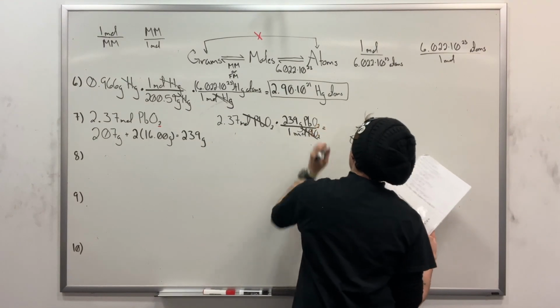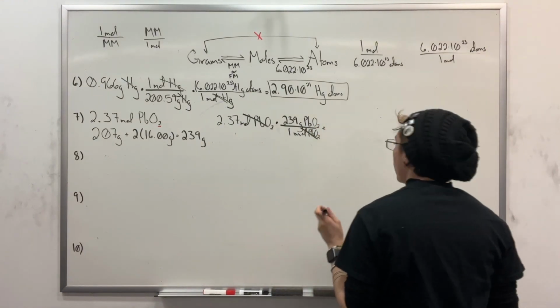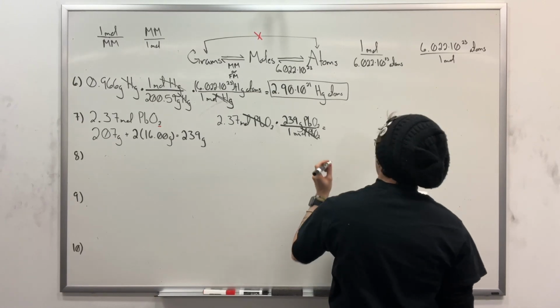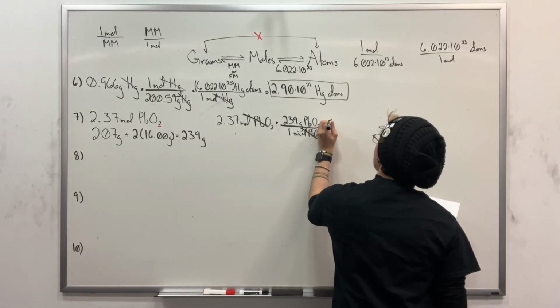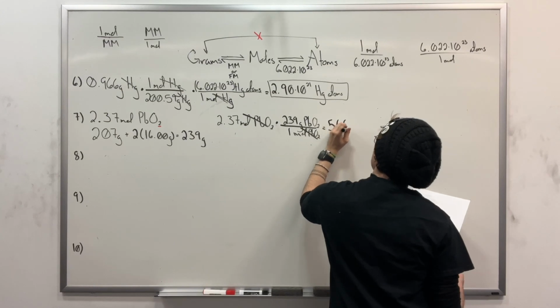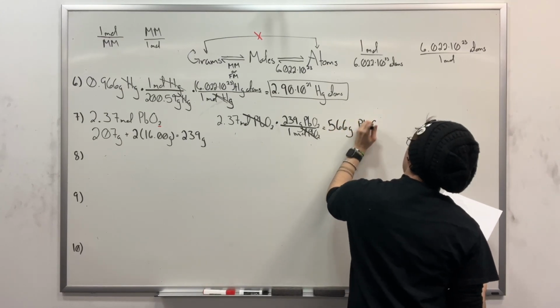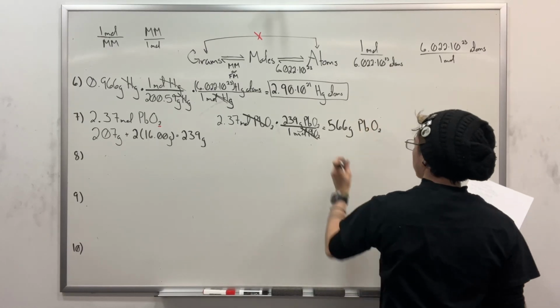These two cancel out, we'll be left with grams. And when we have 2.37 moles of lead oxide, we have 566 grams of it. 566 grams of lead oxide.